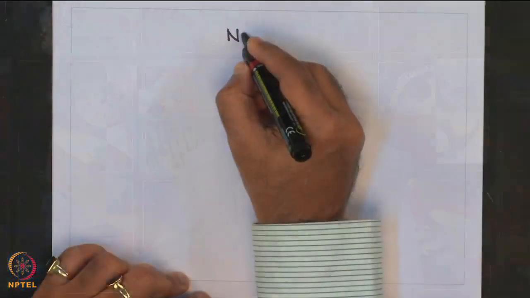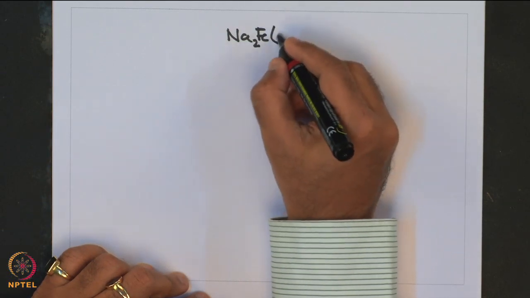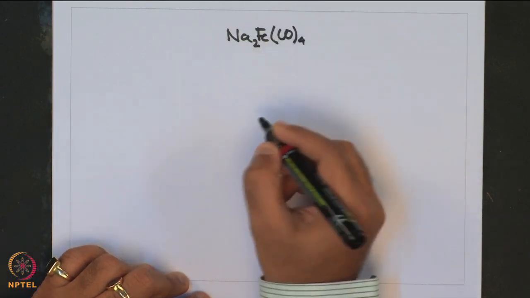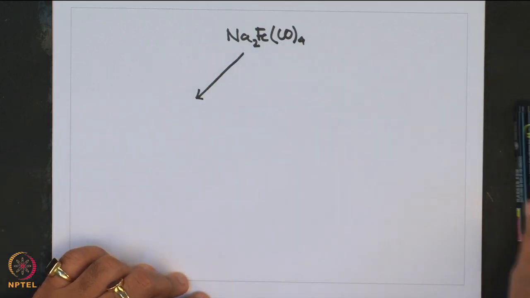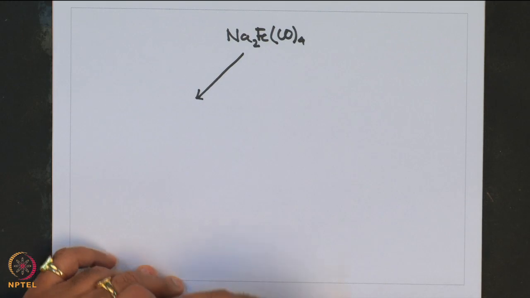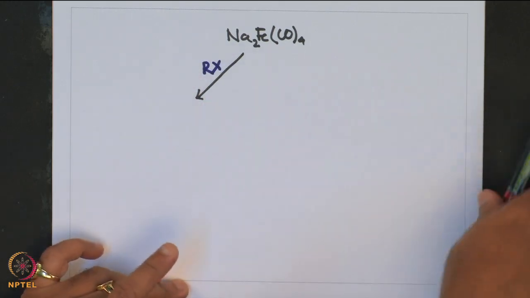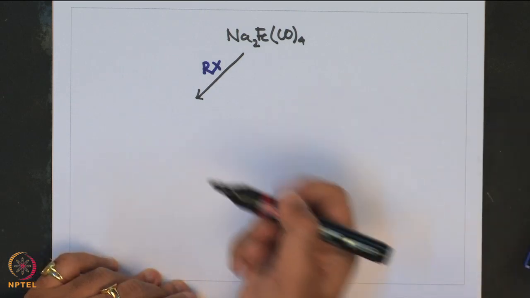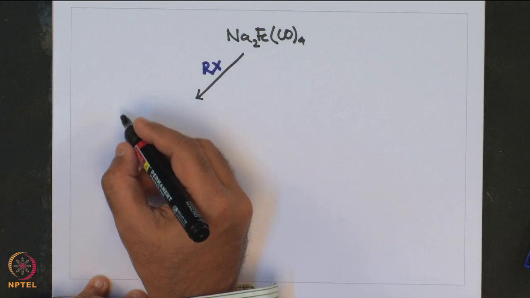For example, Na2Fe(CO)4, which is Collman's reagent, when treated with RX provides this anion.